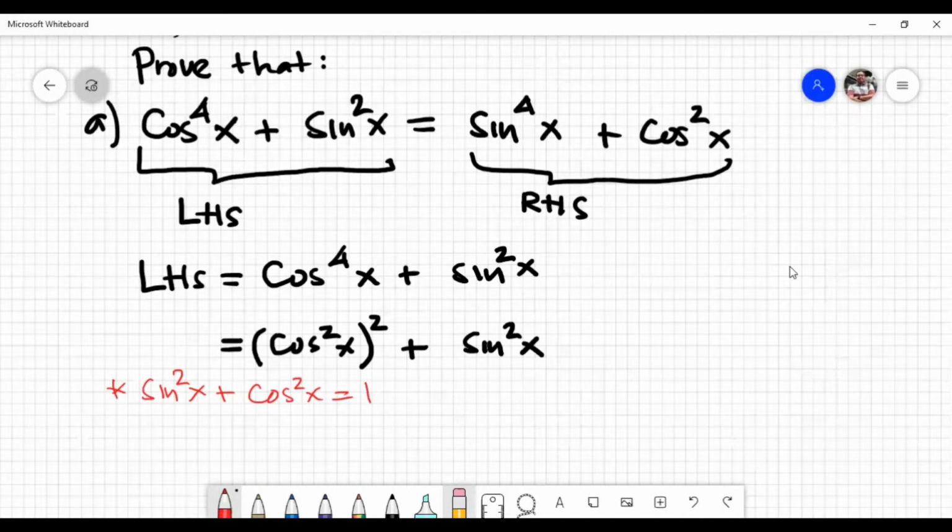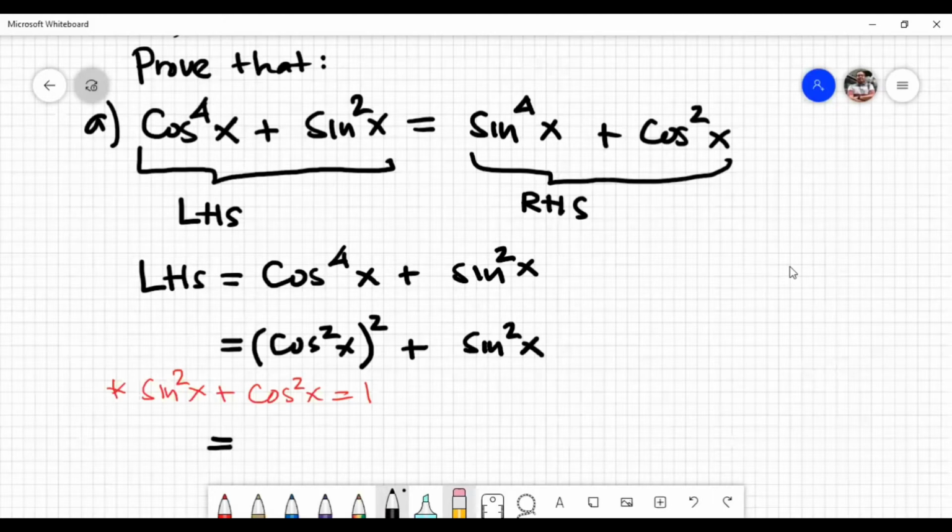So here I'm trying to figure out cosine square x, or let's say we change this in terms of sine.